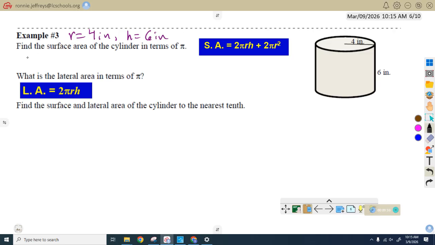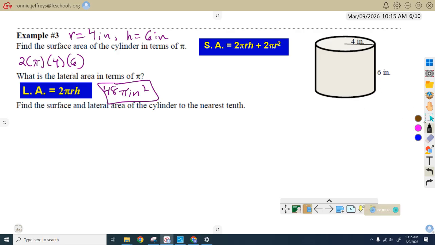So this is going to be 2 times pi times 4 times 6. Now, this part right here is also my lateral area. So let's see. 4 times 6 is 24 times 2. So this would be 48 pi inches squared.